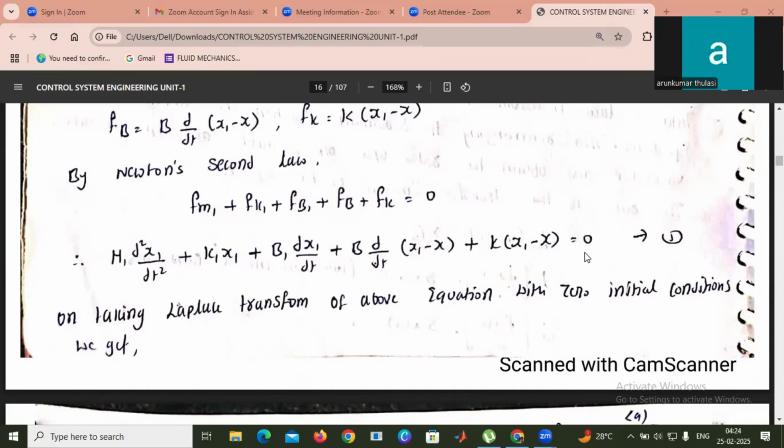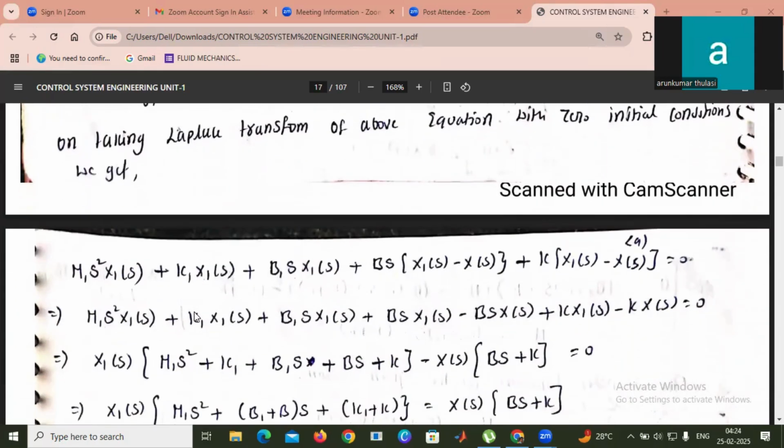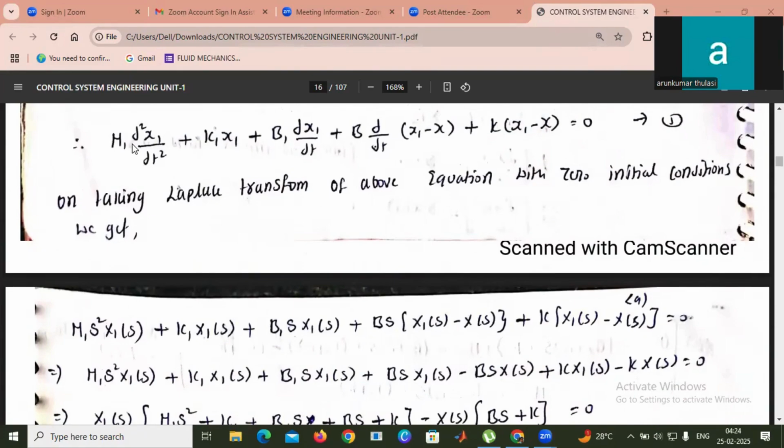Next step is to apply the Laplace transform, because equation 1 is in the time domain, so we have to bring it back to the s domain. This is only possible by applying the Laplace transform with 0 initial conditions. If you apply the Laplace transform to the second order differential equation, you will get m1 s square into X1(s).